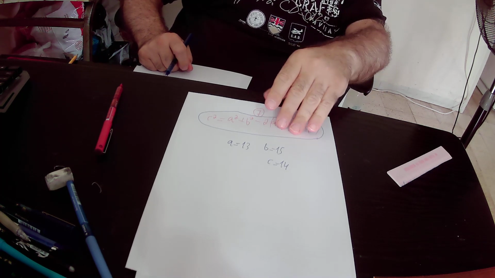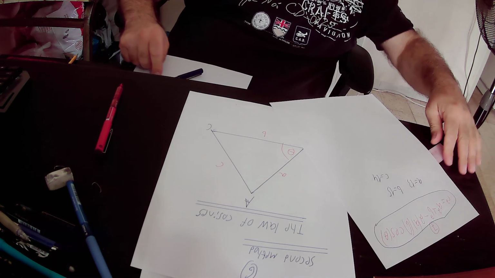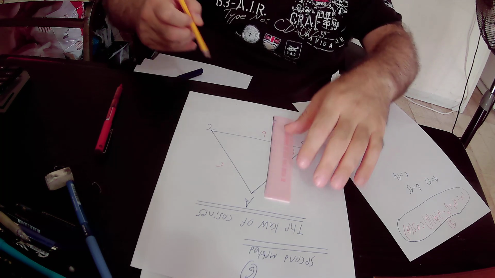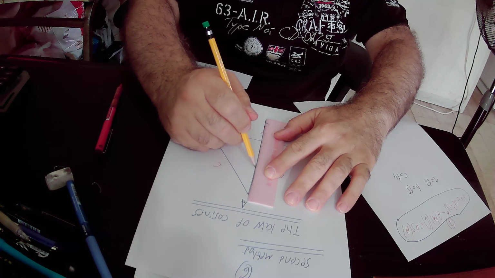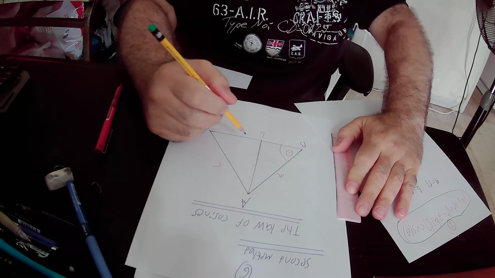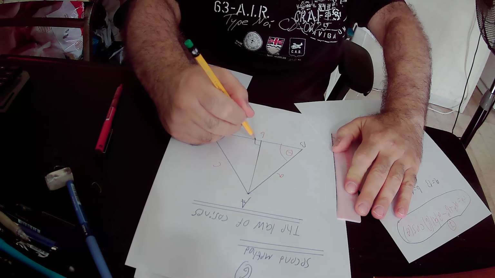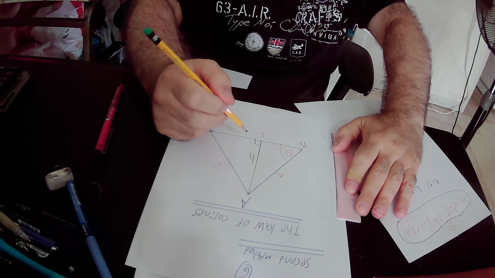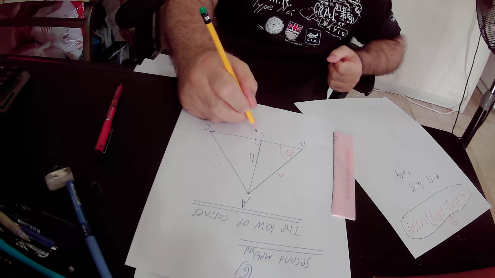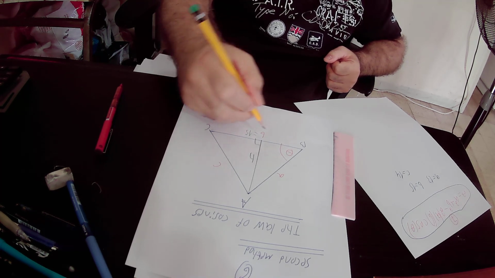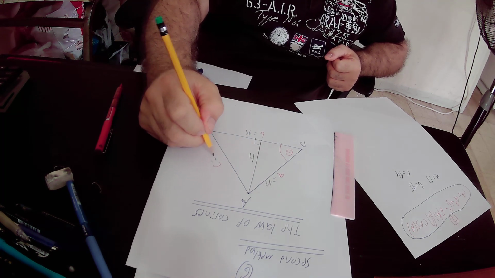And then we will draw a perpendicular to side BC of this triangle. That will be the height of triangle ABC. We know that B equals 15 units, A equals 13 units, and C equals 14 units.